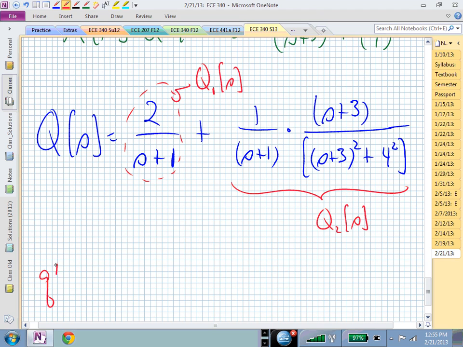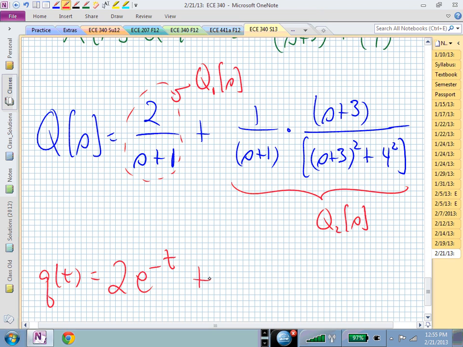Meaning, what is little q sub 1 of t? That's 2e to the minus t, right?